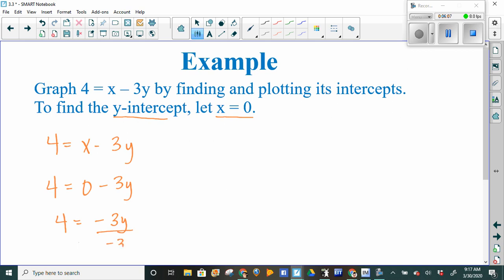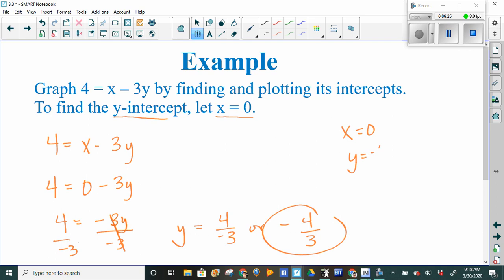And then we're going to divide by negative 3. So we get that y is 4 over negative 3, or negative 4/3. So that means if x is 0, then y is negative 4/3. In other words, if x is 0, my y-intercept is negative 4/3.